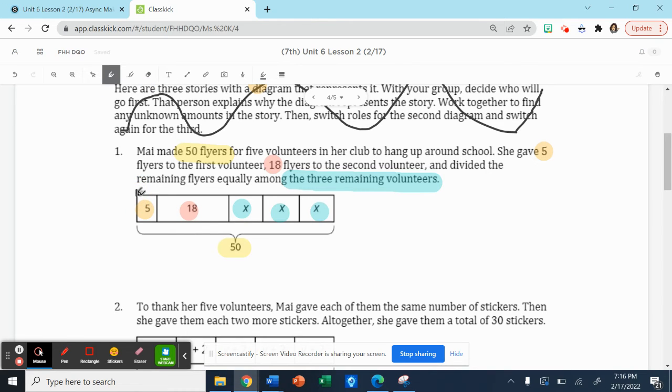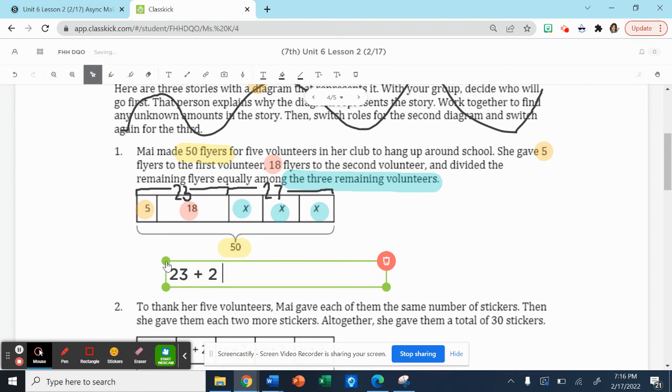I know that this piece of the tape diagram here, 5 and 18, represents a total of 23 flyers because I have 5 and 18 combined. That means that this piece of the diagram here represents 27 flyers because if I had 23, I need another 27 to get my total of 50. In other words, 23 plus 27 is equal to 50 flyers in total, or 50 minus 23 equals 27.